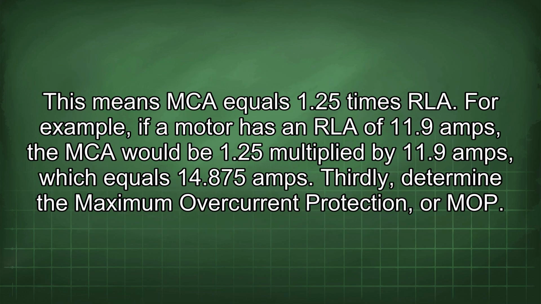This means MCA equals 1.25 times RLA. For example, if a motor has an RLA of 11.9 amps, the MCA would be 1.25 multiplied by 11.9 amps, which equals 14.875 amps.